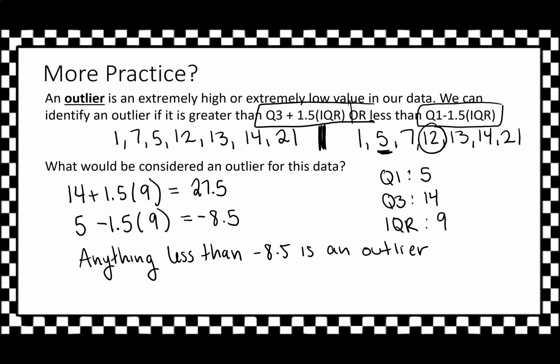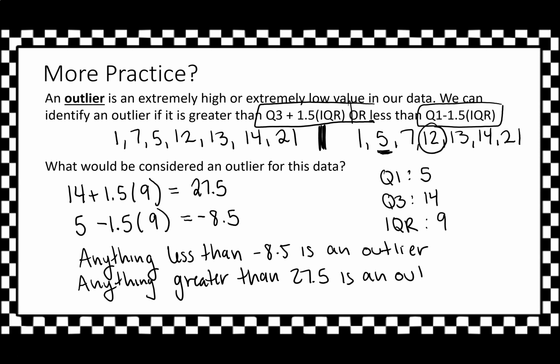But we can also say that anything greater than 27.5 is an outlier. So if we look back at our data, do we have any of those values? No, we don't. So in this case, we have no outliers in our set.